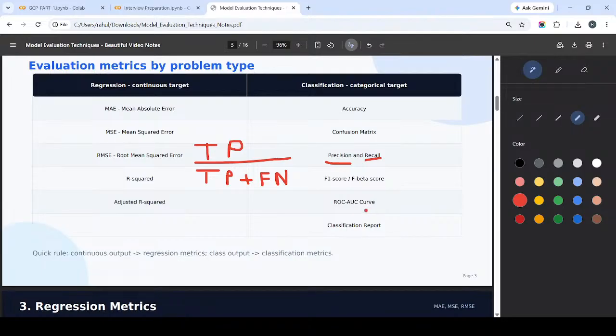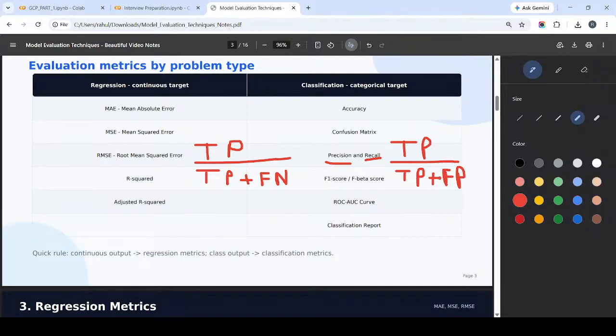Precision is the ratio of correct positive predictions to the total number of positive predictions. So what is precision? It is the correct positive predictions to the total number of positive predictions: true positive plus false positive, the total positive predictions.